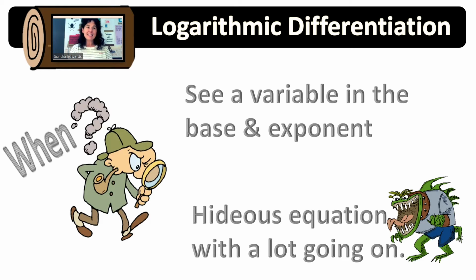Okay, and then the second scenario where you can take a log of both sides of the equation in front of you before you take the derivative is if the equation in front of you is just frankly hideous. You're like, oh my gosh, there's a fraction, there's a root in the fraction, there's some exponents, there's just a lot going on.